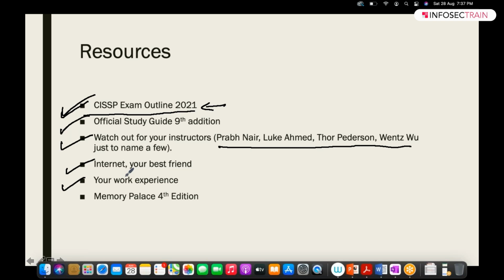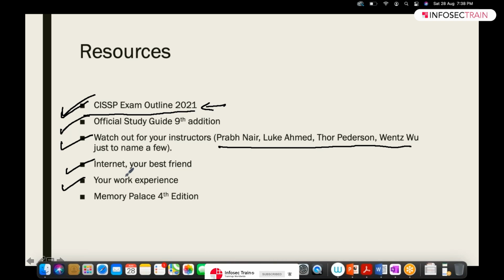That's perfectly fine. A candidate who has 5 years of working experience is eligible for the CISSP certification. I'm assuming someone who's going to appear for the CISSP exam has 5 years of experience in the information security domain. They would have experience in either one or two domains, right?